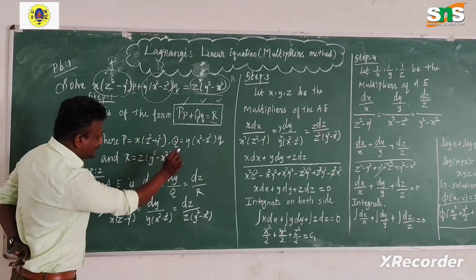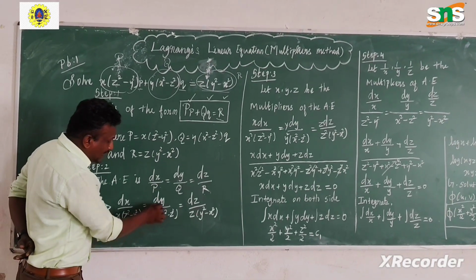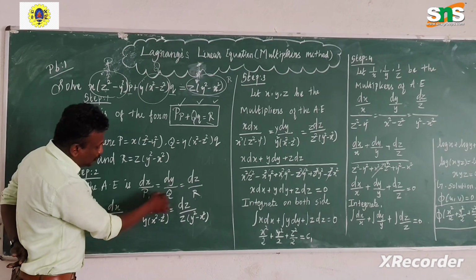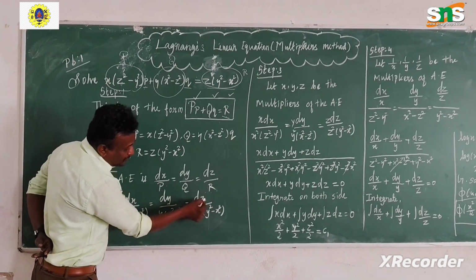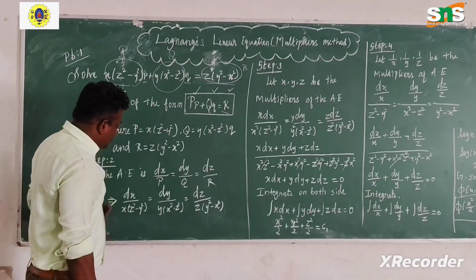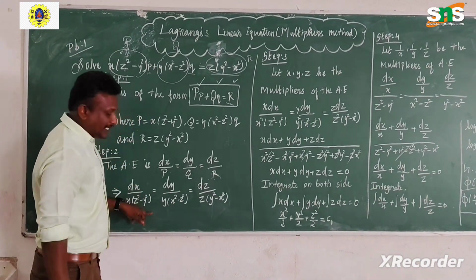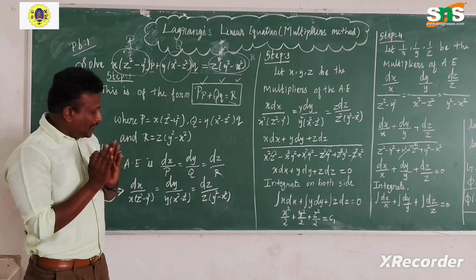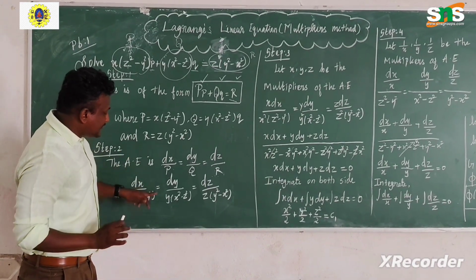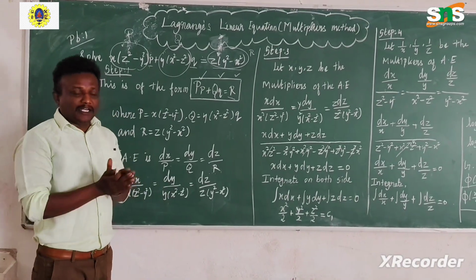After substituting, dx is divided by its value of P, dy is divided by its value of Q, and dz is divided by its actual value of R. This is the current auxiliary equation, and from it you have to obtain the general solution by using some mathematical concepts.